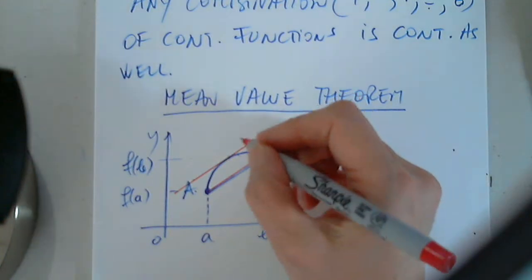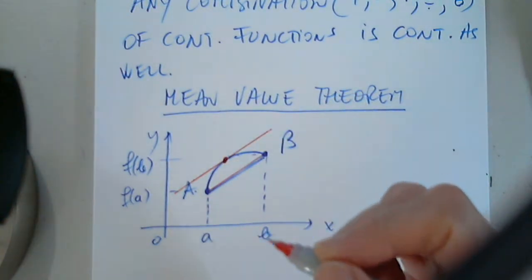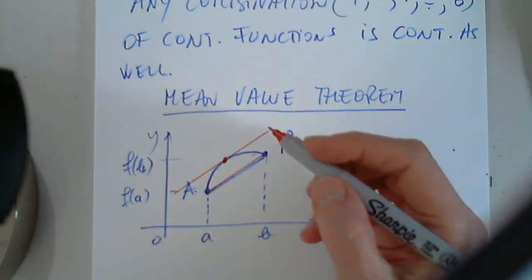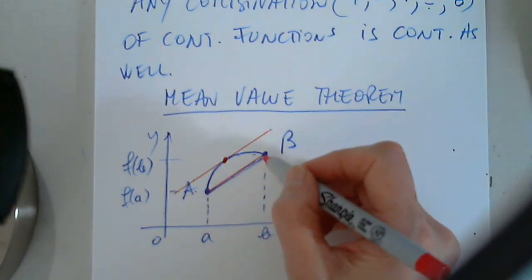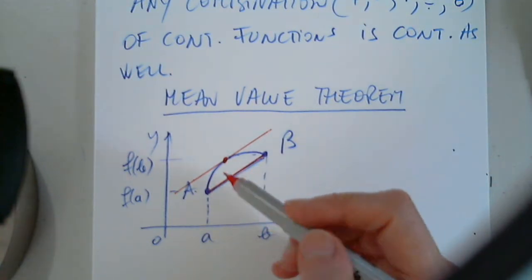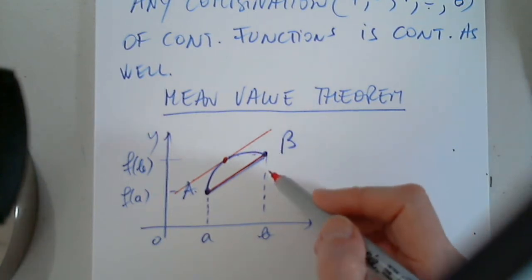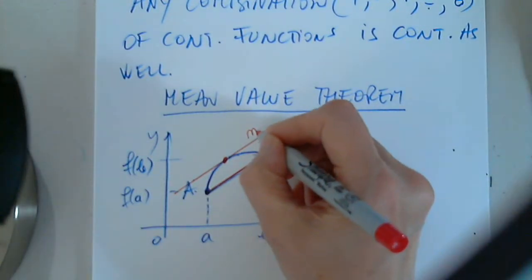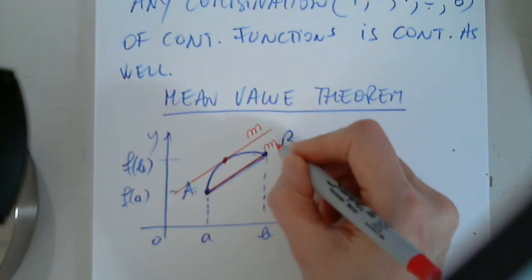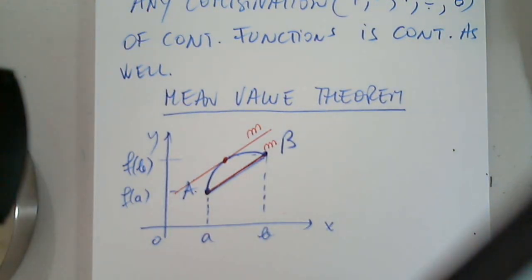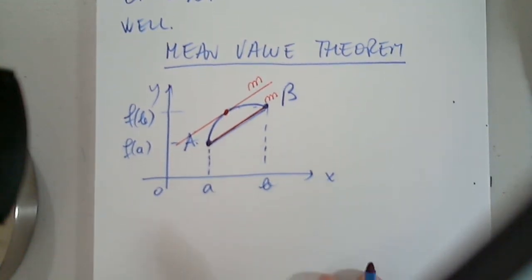So this is the tangent here, and this is the line segment connecting A to B, and they have the same slope. So the slope of this and the slope of this are the same because they are parallel.